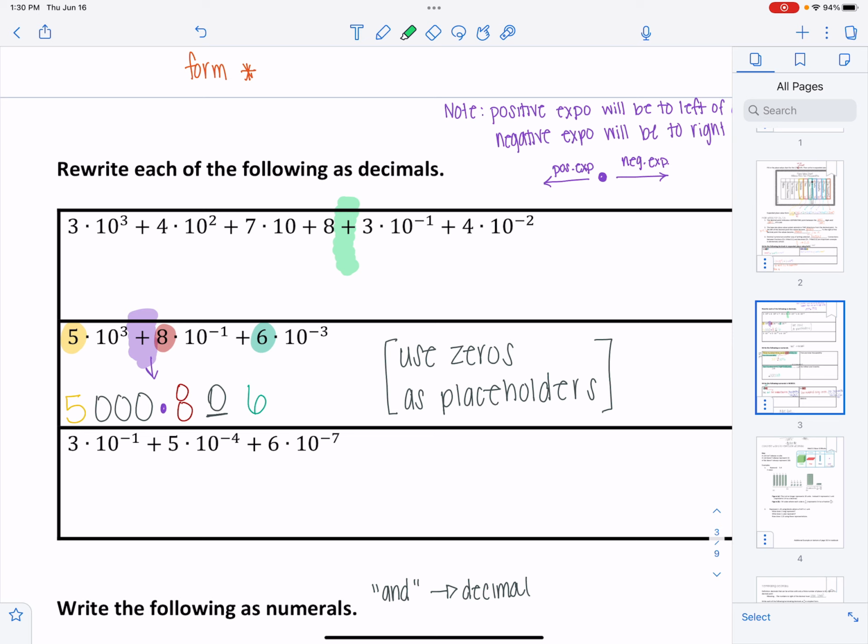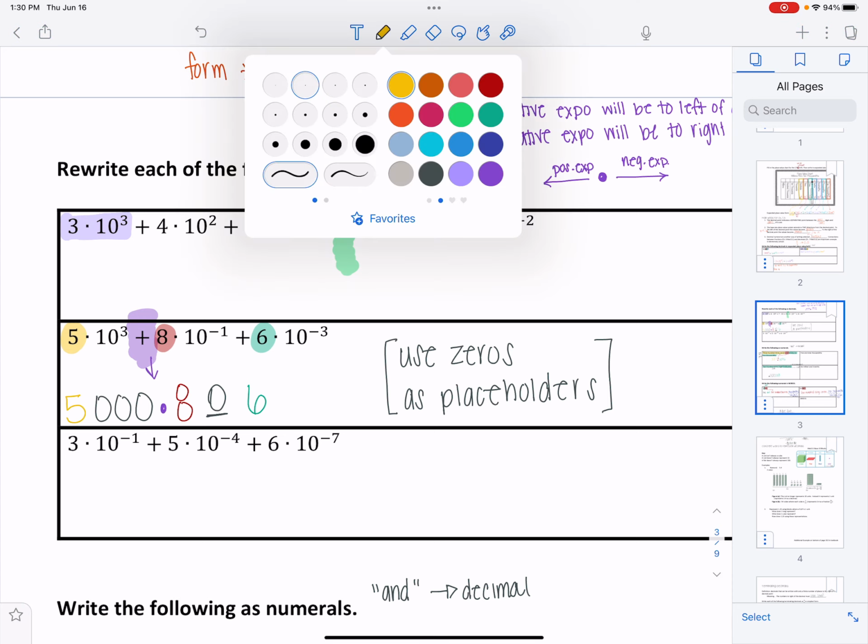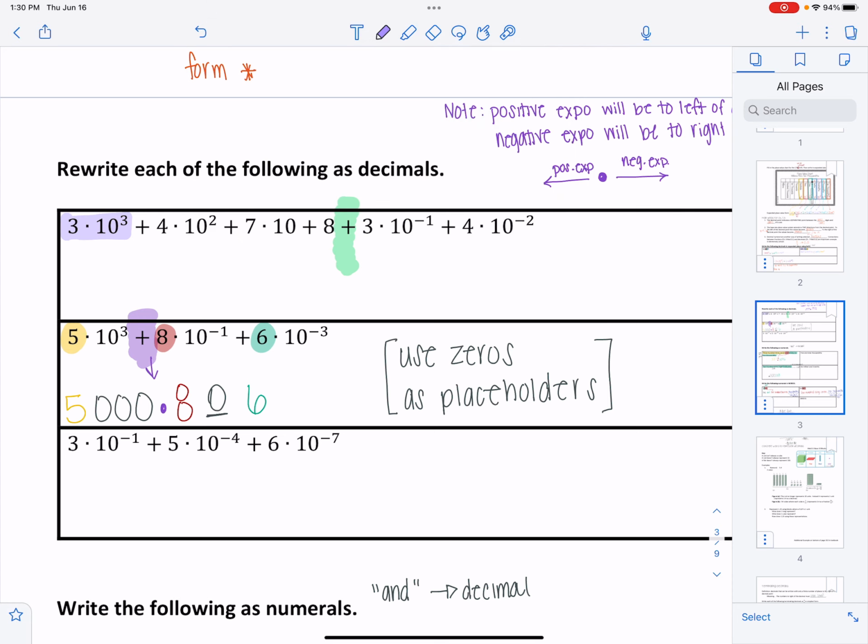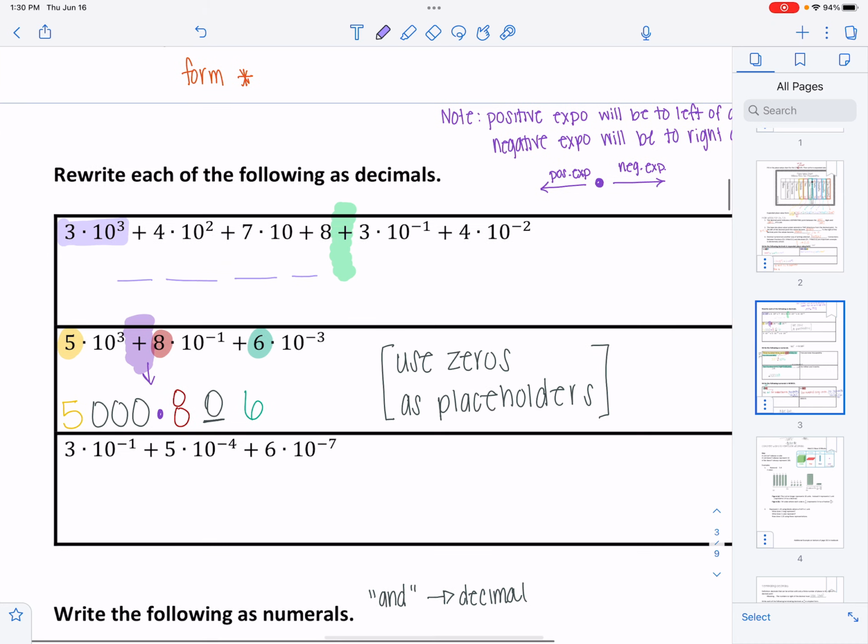All right, so the first one I've got is this 3 times 10 to the third. So that tells me I'm going to be 3 places over. Sorry, I'm going to be 4 places over. That's the thousands. Okay, so I've got my 3.